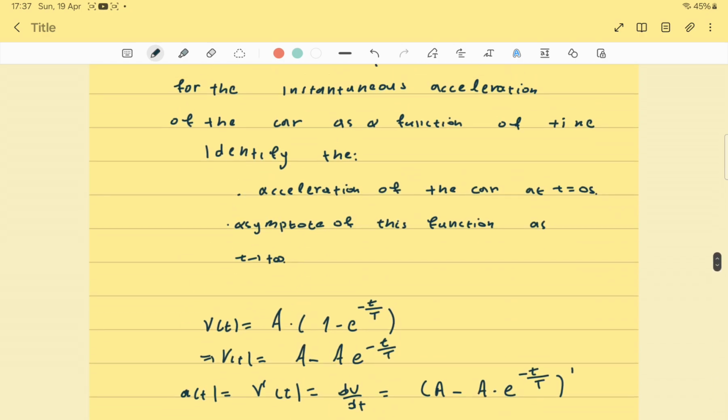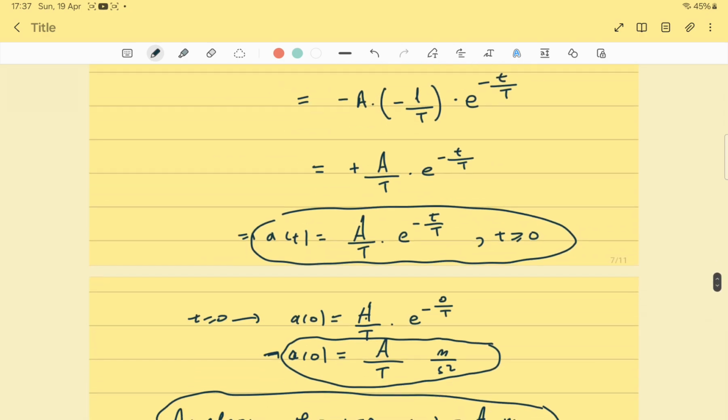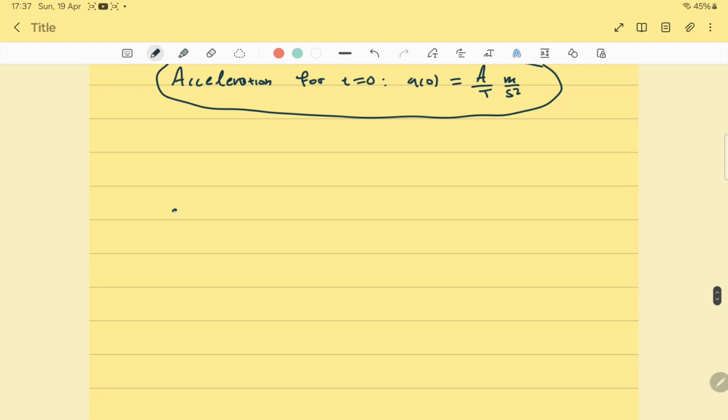Now the other question is to find the asymptote of this function as t goes to infinity. Let's take the limit of a of t as t goes to infinity.